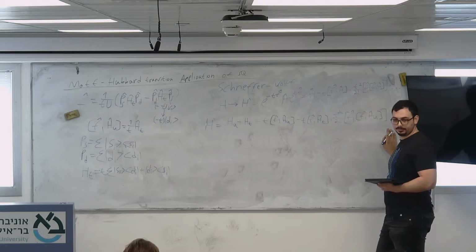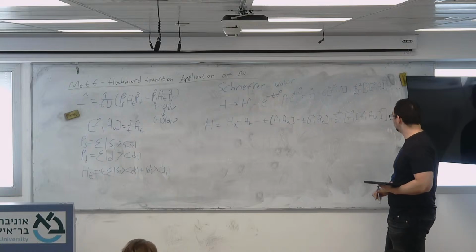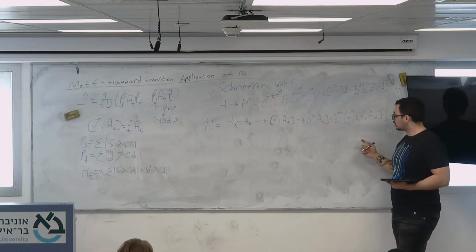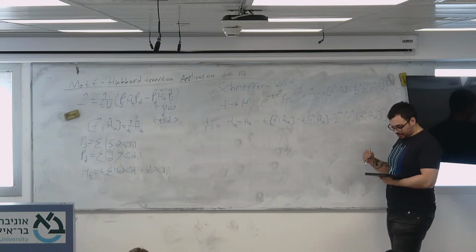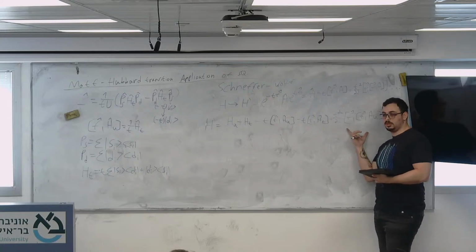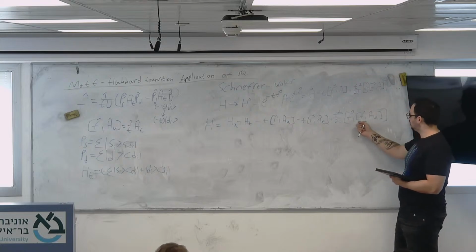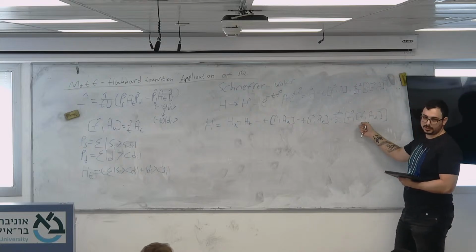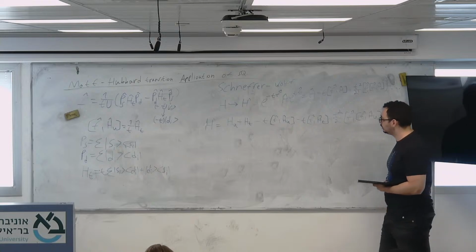All right? I'm cutting my Taylor expansion at t squared. The reason I left this part in is because we know that this commutator will give us 1 divided by t squared. So it's still legal.